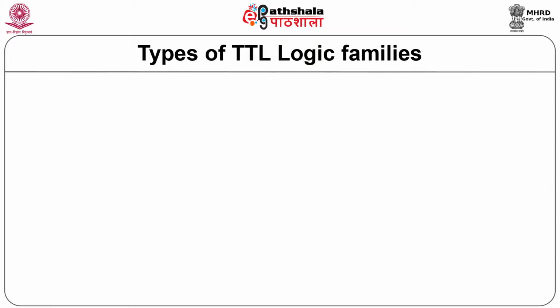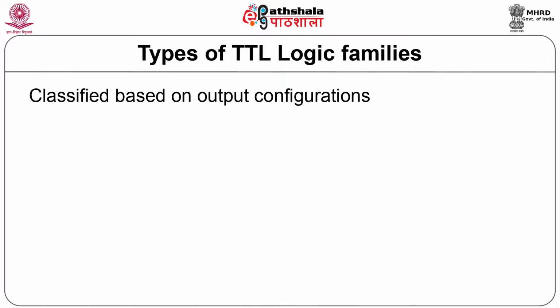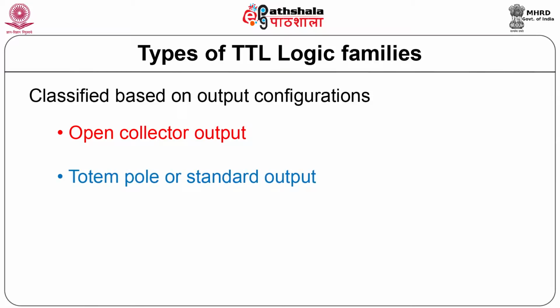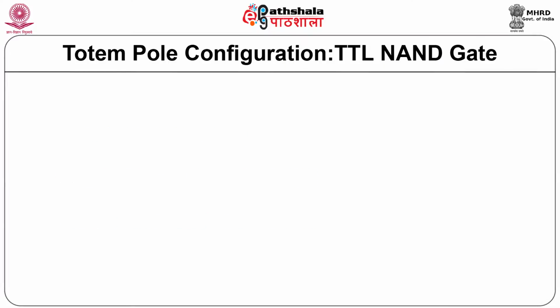Let us see different types of TTL logic families. TTL logic families are classified based on their output configurations. They are open collector, totem pole or standard output, and 3-state or tri-state output. Let us begin with the totem pole configuration considering the TTL NAND gate.